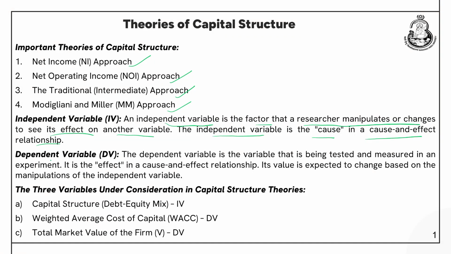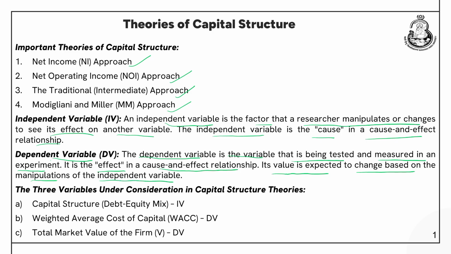So, what is a dependent variable? The dependent variable is the variable that is being tested and measured in an experiment. It is the effect in the cause and effect relationship. Its value is expected to change based on the manipulations of the independent variable.